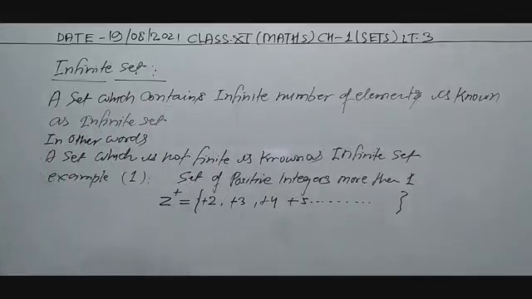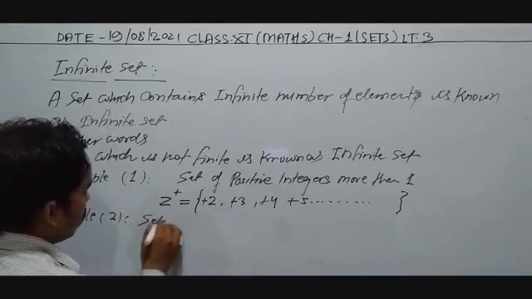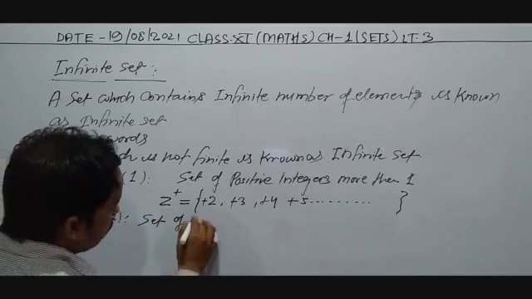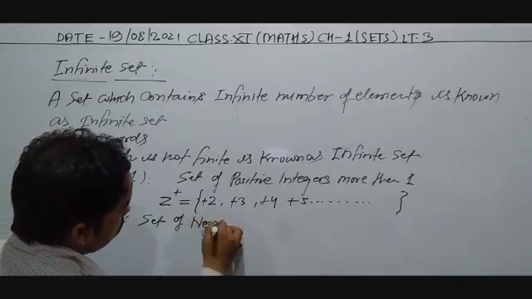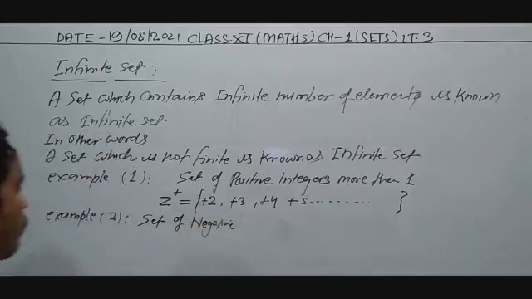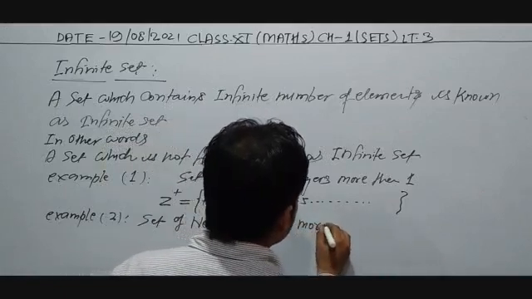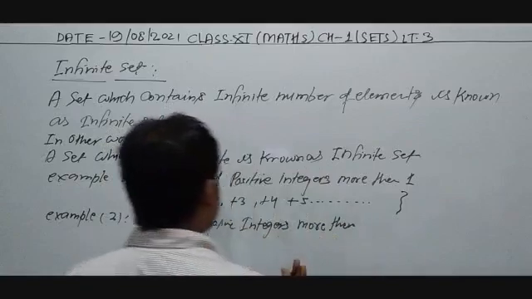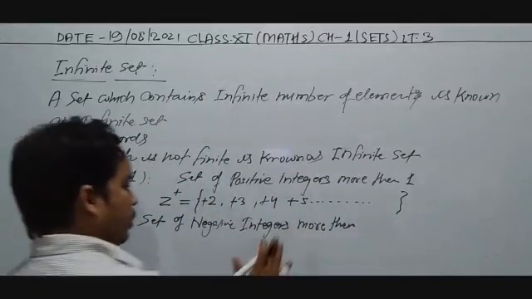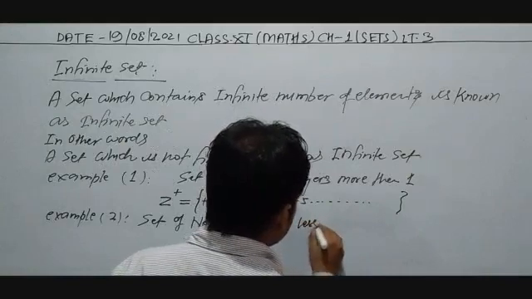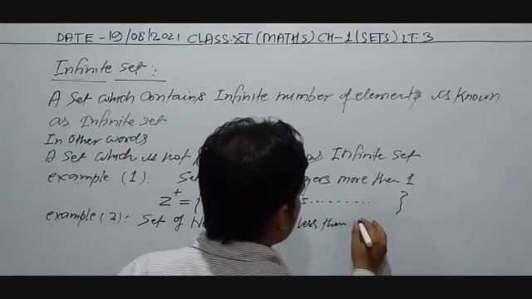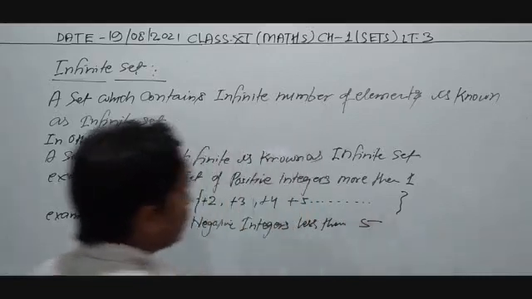Now see example 2. Set of negative integers less than 5.